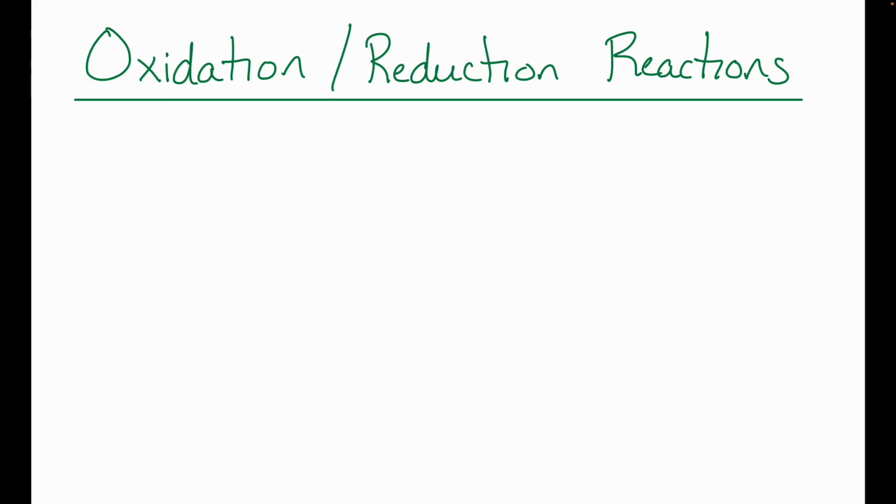In organic chemistry, we get to simplify things a little bit because we're talking about such few elements on our periodic table. So we're going to just say oxidation is simply creating more carbon-oxygen bonds.